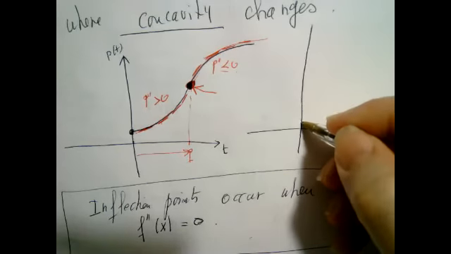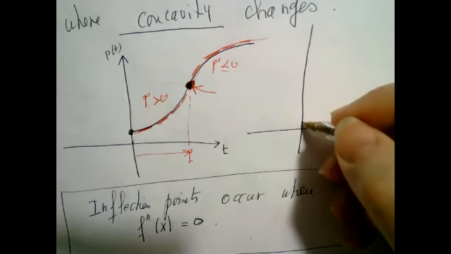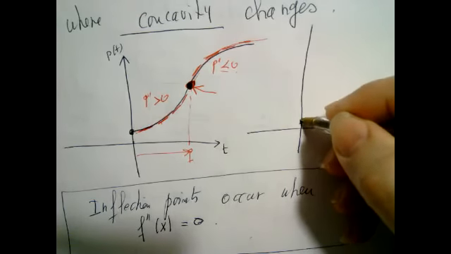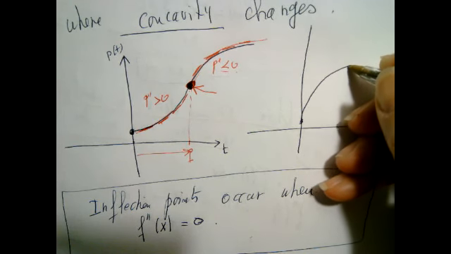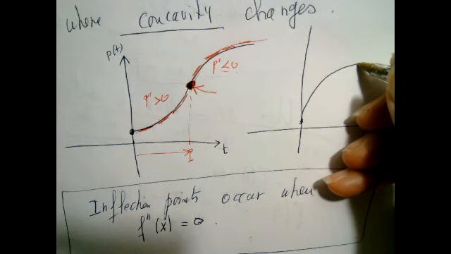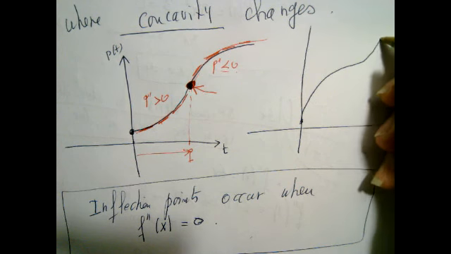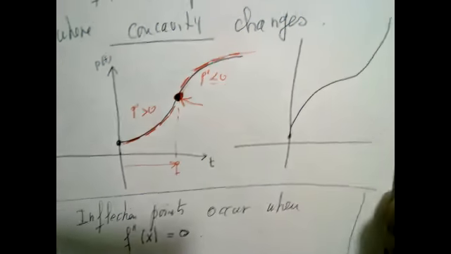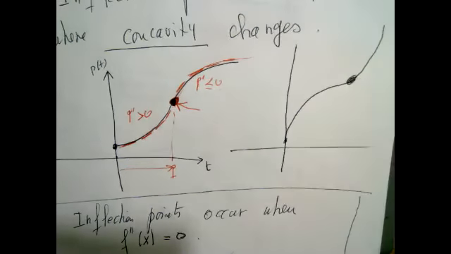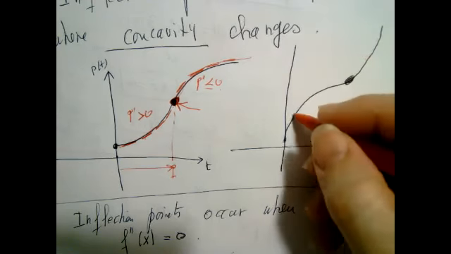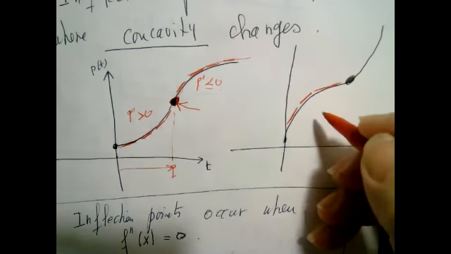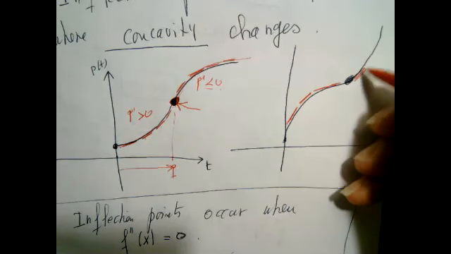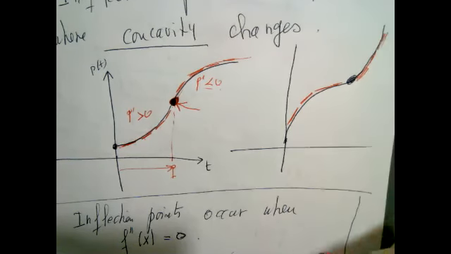Or we can have a different scenario. The population can at the beginning be growing slowly. That's very possible. And then the population takes off, and right here is my inflection point. At the beginning it is moving at a slower and slower rate, and then at a faster and faster rate.